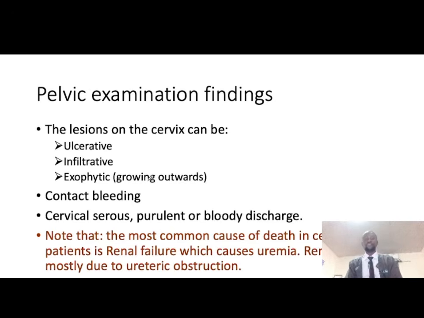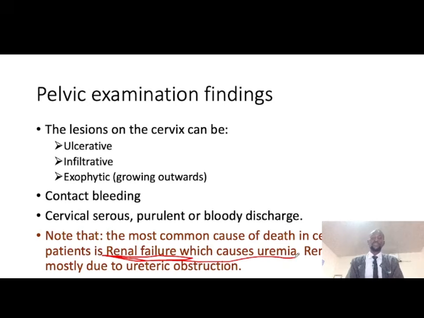It's important for you to note that the most common cause of death in cervical cancer patients is renal failure. This is a very common question in your exams. This renal failure will cause uremia. How does it come about? As the cancer spreads, it may reach the pelvic wall.